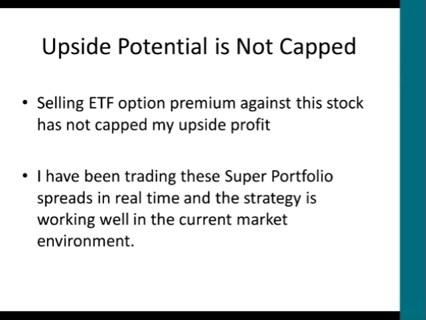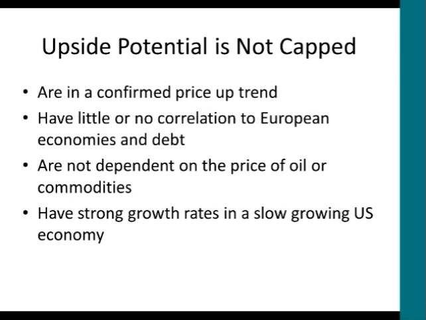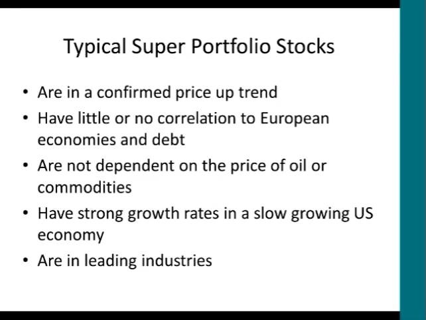So again, these super portfolio spreads have been working real well in this current market environment. And typically, these super portfolio stocks are in a confirmed price uptrend using our Prime Trade Select trade selection process. They typically have little or no correlation to European economies or debt problems.